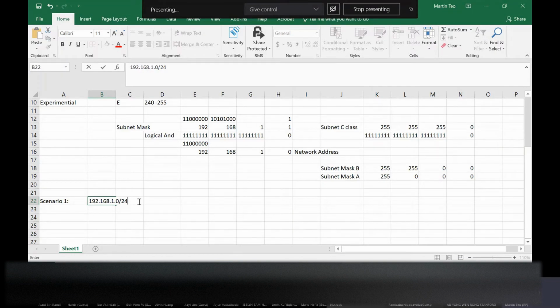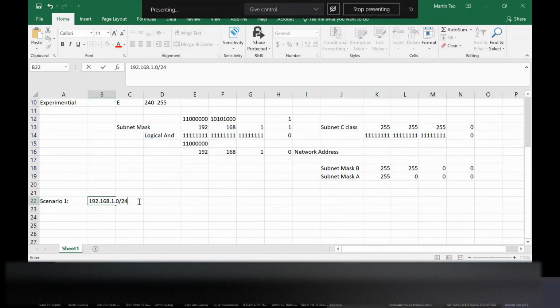Class A is /8, class B is /16, class C is /24. But will it always be 8, 16, 24? No, not necessarily. We can have /27, /28, and then /29.